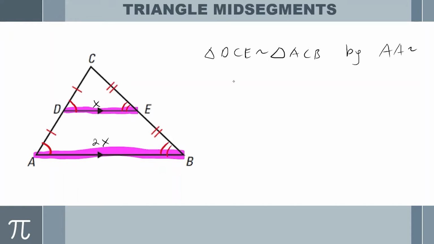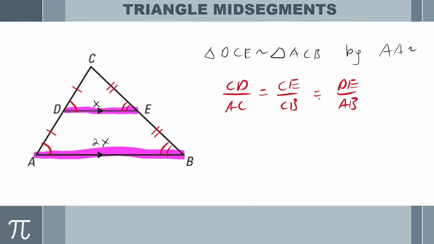The side CD to AC, which is the whole side of the larger triangle, so that's the ratio of a pair of corresponding sides, is equal to the ratio of CE to CB, the short and the long, and that's equal to the ratio of the third side, DE to AB.